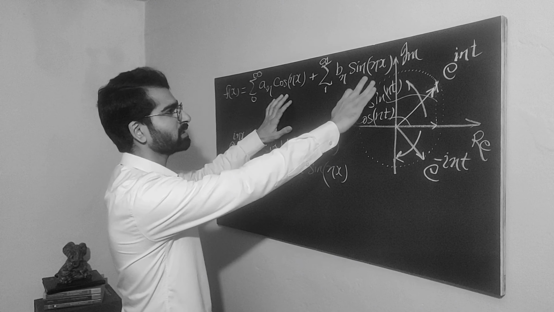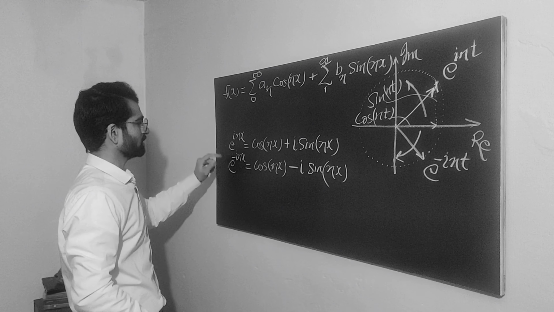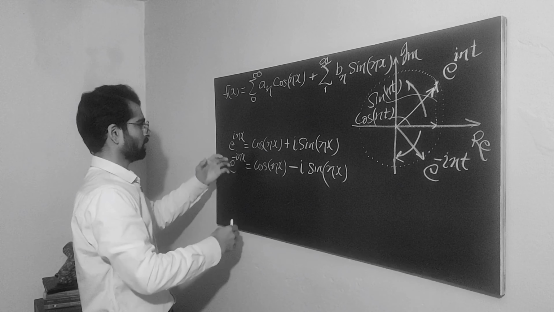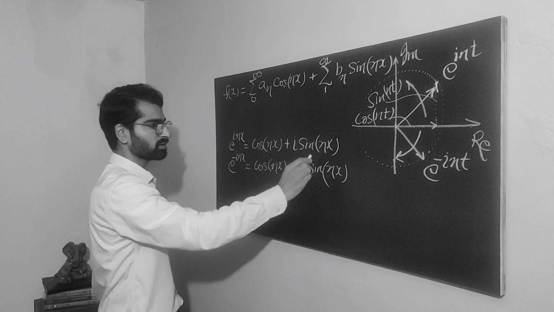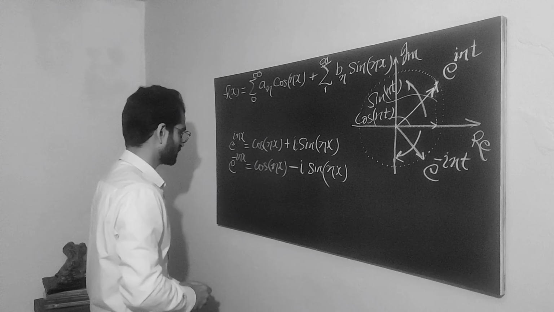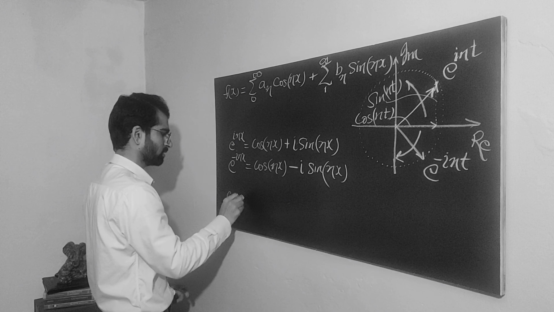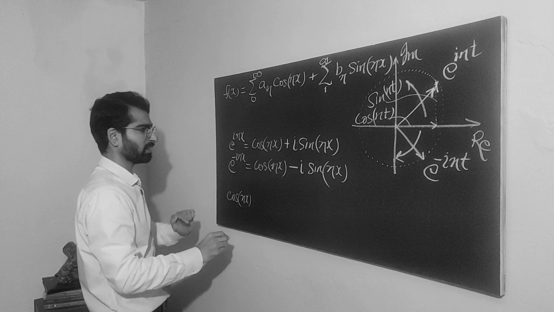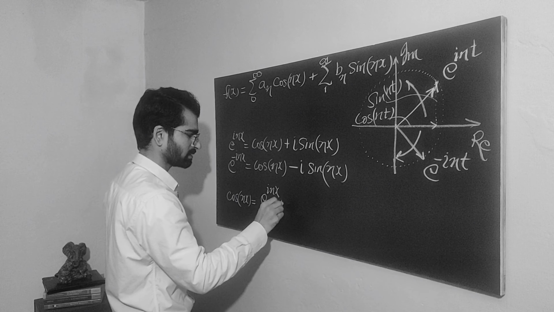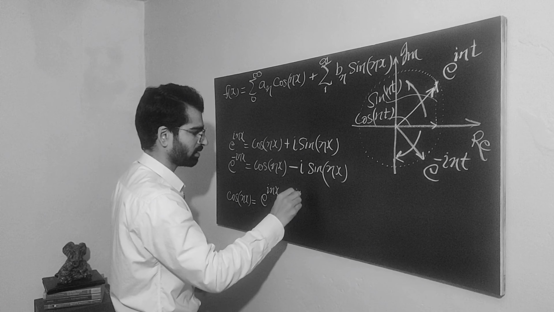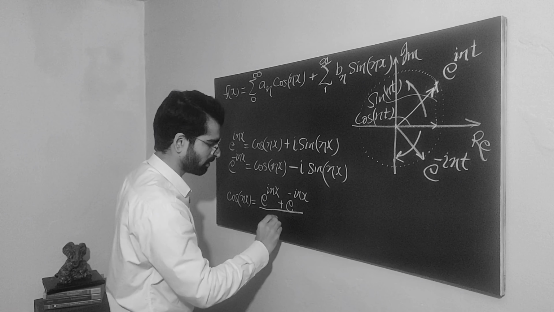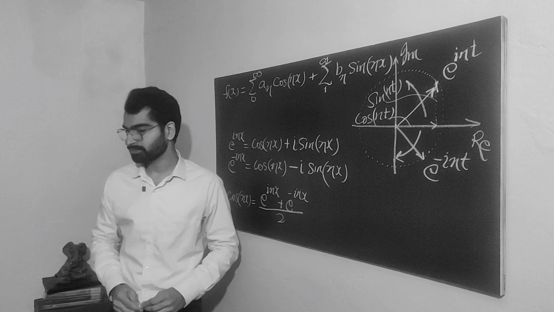We need cosines and sines in terms of complex exponentials, and if you look carefully, if I add these two equations, you lose these two, you get twice the cosine, so you get cosine of n x by adding them: e to the i n x plus e to the minus i n x, and the 2 that I was going to have here will come downstairs.